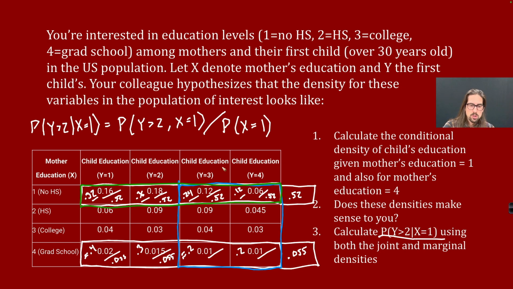So if we're doing it from the joint, this number here is going to be 0.12 plus 0.06, which is 0.18. And then what is this marginal probability? Well, we actually already calculated that. It's over here. That divided by 0.52. Okay. So you can do the math, but it's roughly 2/5, right? Roughly 2/5. And now, I guess a little bit less than that. Now I want to use the, here this should say conditional.